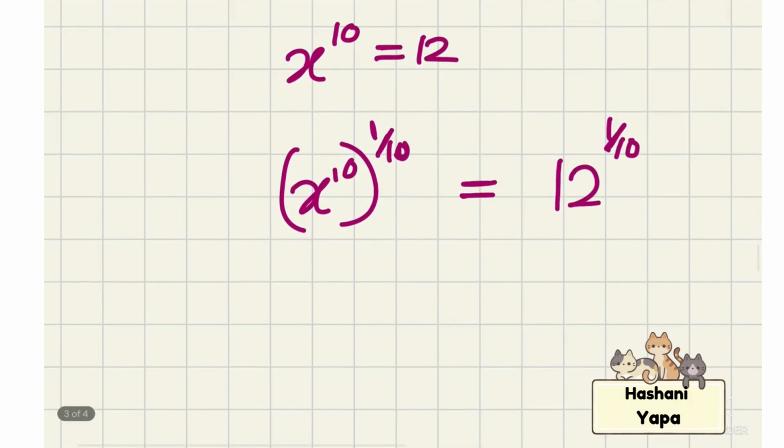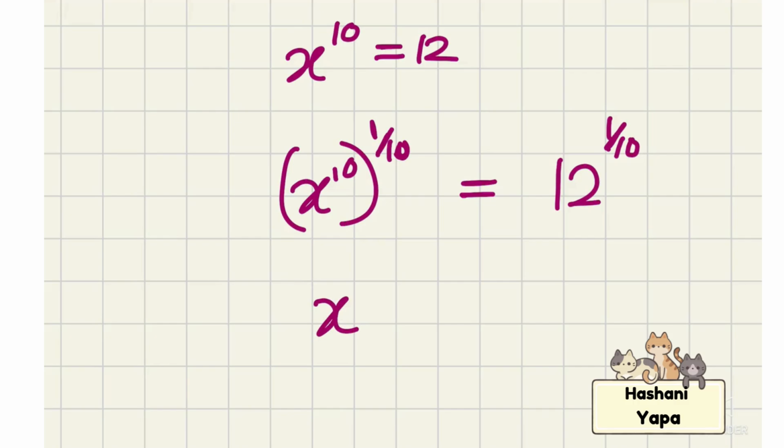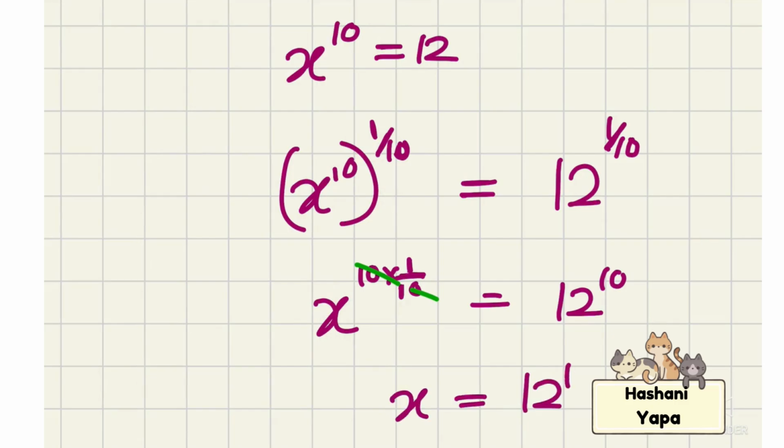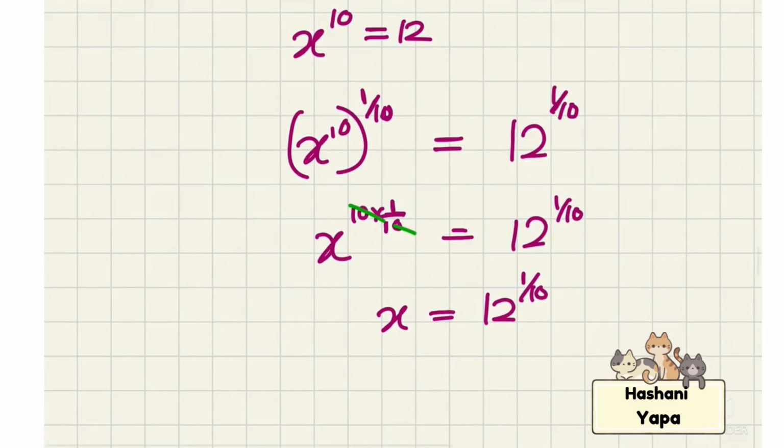If you expand this, you get 10 times 1 over 10, and these will cancel. You are going to get x equals 12 to the power 1 over 10. So this is your answer.